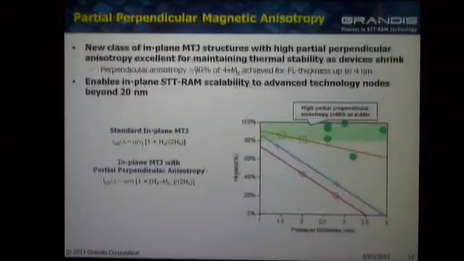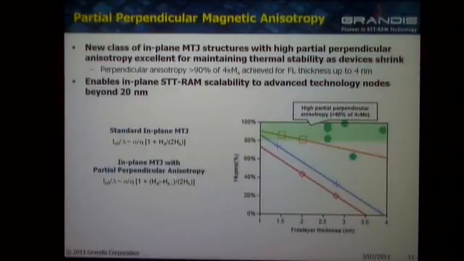But on the next page I wanted to show this partial perpendicular anisotropy effect. This has been one of the key advances that has allowed us to separate those two things. The way it works is you introduce, through free layer or capping engineering in the MTJ, this partial perpendicular term, which cancels out the demagnetization field in this equation for the switching current.